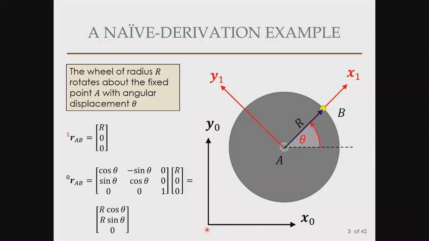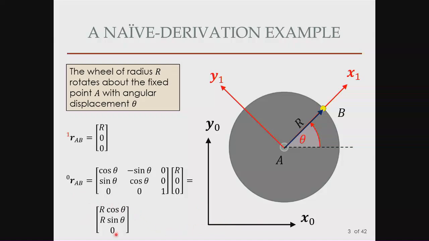So in order to get velocity from position, how to take a derivative? Remember that frame 0 is fixed, stationary, or we sometimes call it inertial. It is not moving.